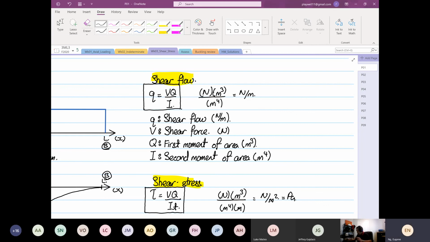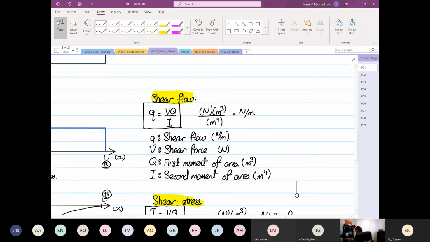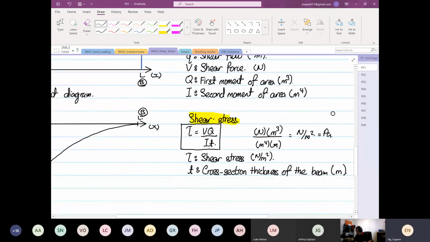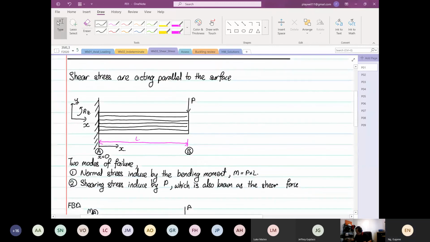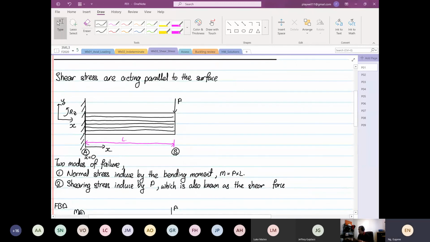Now, from here, you will ask me, Eugene, if we look at a beam, how is the beam going to fail due to shear? It's not as simple as force divided by area. It's a distance.